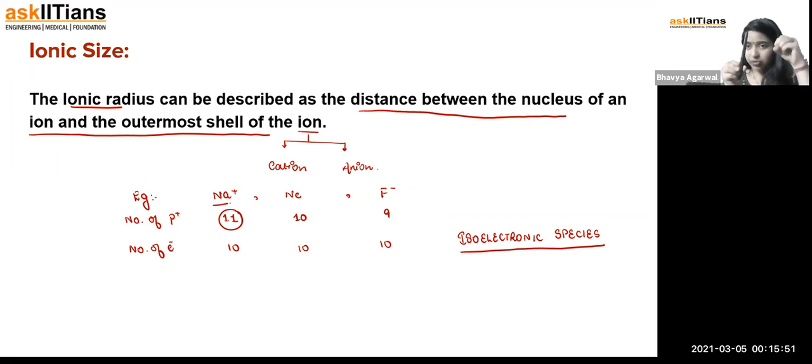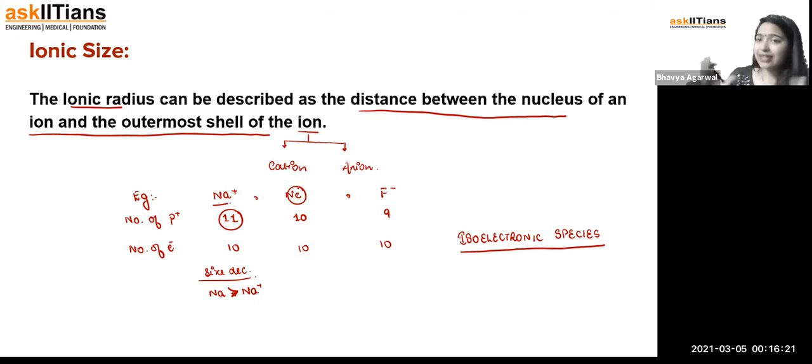And if they are attracted more, they will come closer, right? Since they will come closer, can I say the size will decrease as compared to the regular sodium? In comparison to regular sodium, the size will be lesser, right?